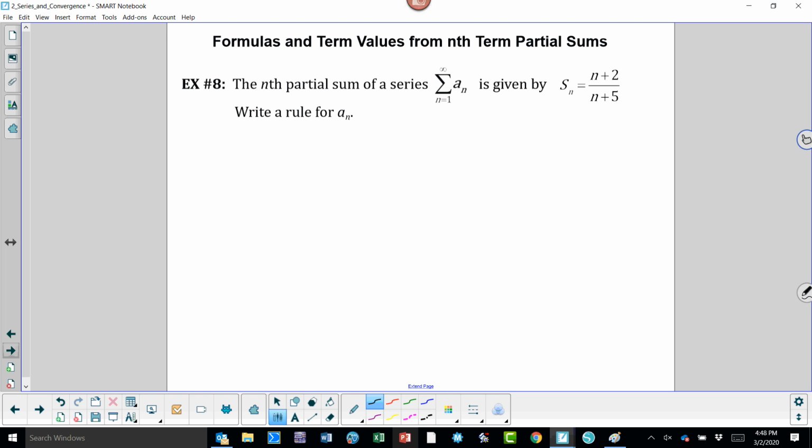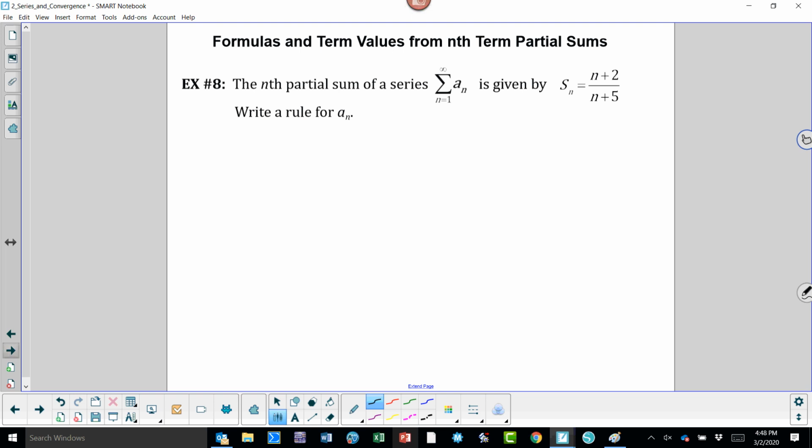So we're going to look at the nth partial sum here and try to write a rule for a sub n.